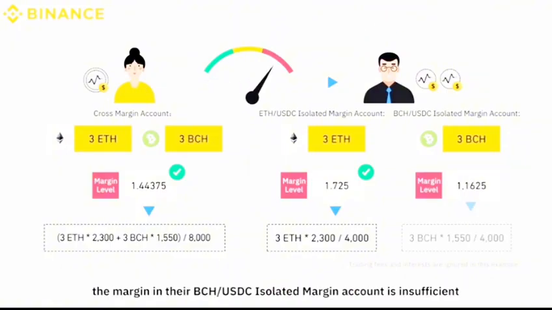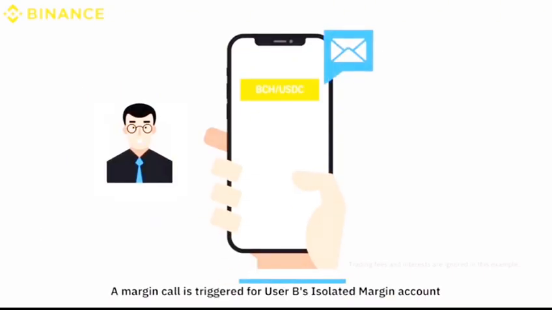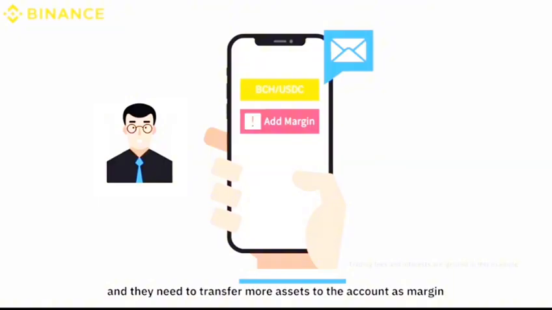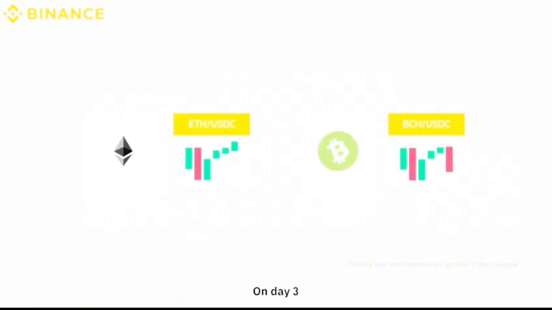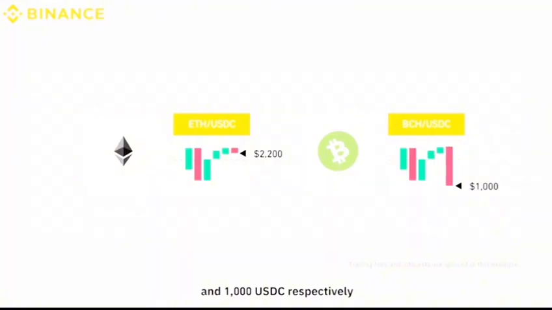However, the margin in their BCH USDC isolated margin account is insufficient. A margin call is triggered for User B's isolated margin account, and they need to transfer more assets to the account as margin.